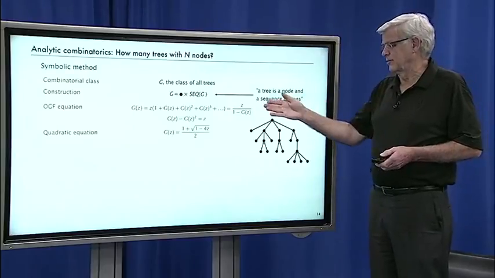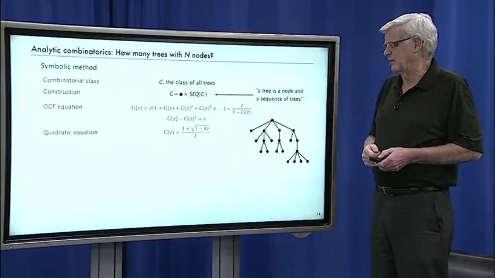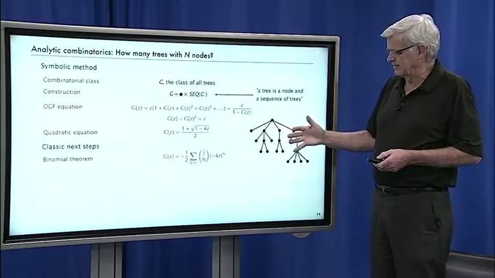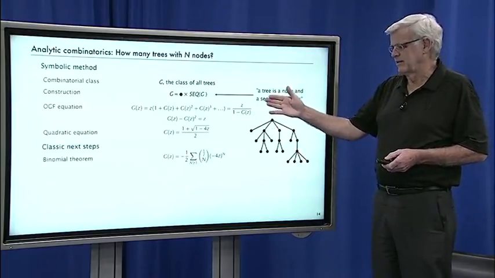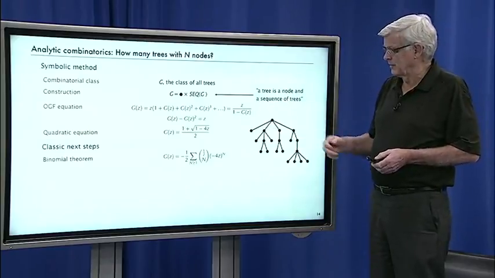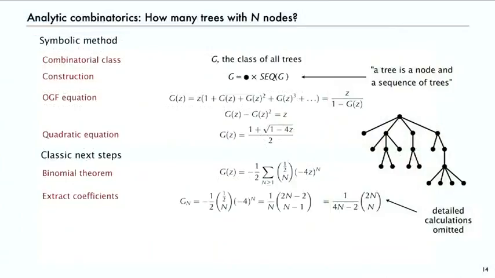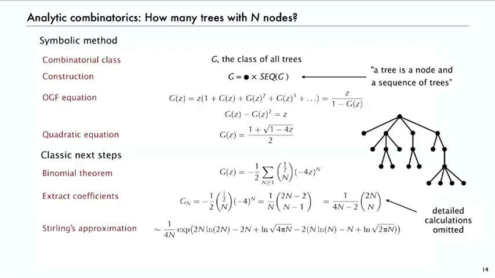Now we can solve this one in particular using the quadratic equation. And in classic analysis, the next steps are to use the binomial theorem to expand that, which is extracting the coefficients, and then with a little bit of algebra, we can get down to the result that g of n equals 1 over n, 2n minus 2 choose n minus 1.